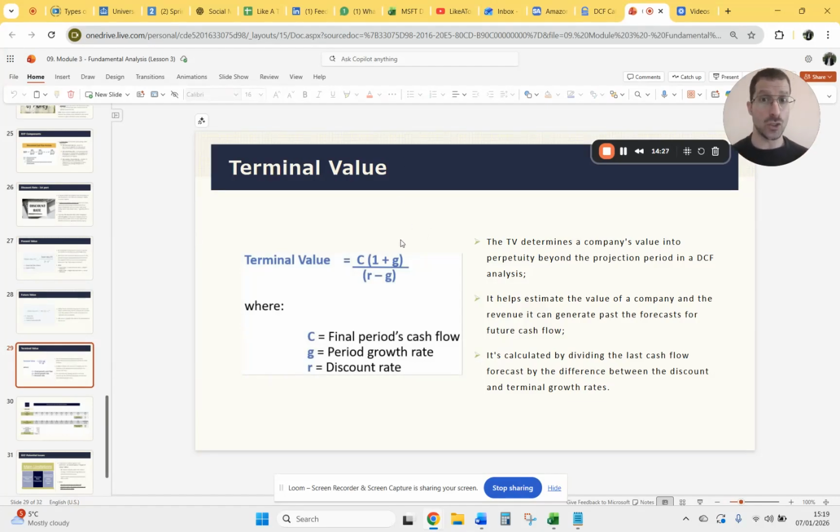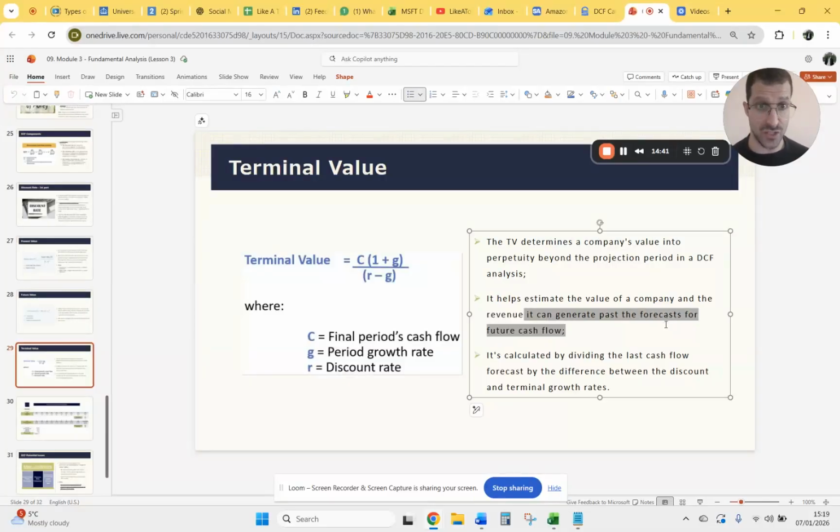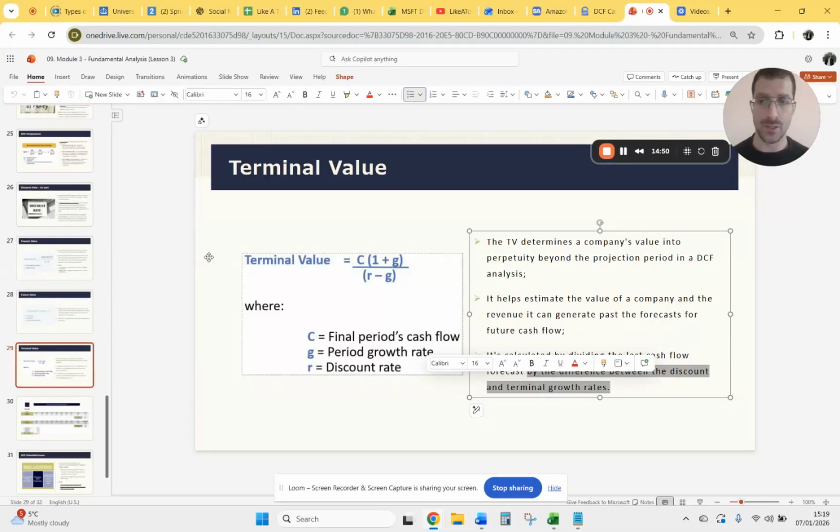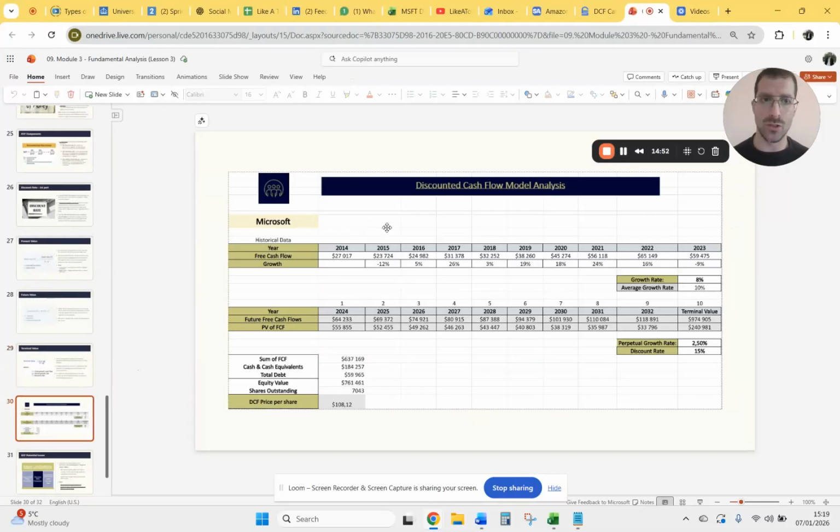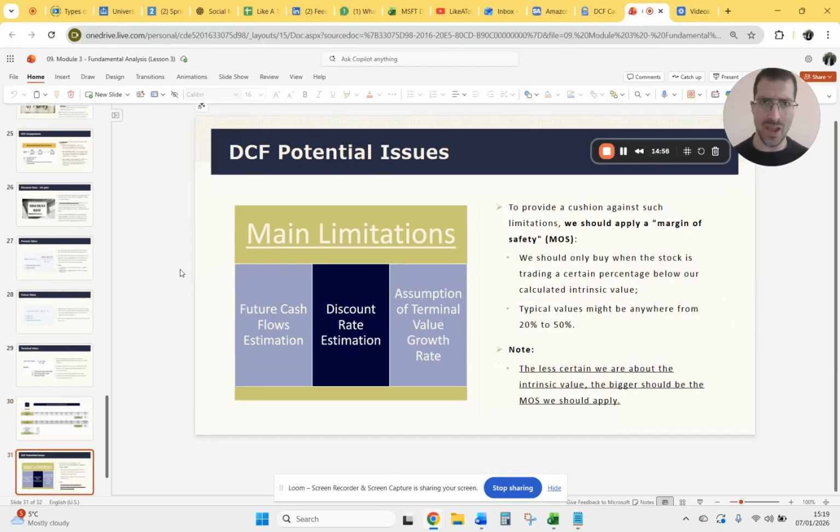This is where you have to factor that into the model, and that is something that is captured by the terminal value. It helps you estimate the value of a company and the revenue it can generate past the forecasts for future cash flows. It's calculated by dividing the last cash flow forecast by the difference between the discount and terminal growth rates, and this is what the model essentially would look like. But I'm going to show you exactly.